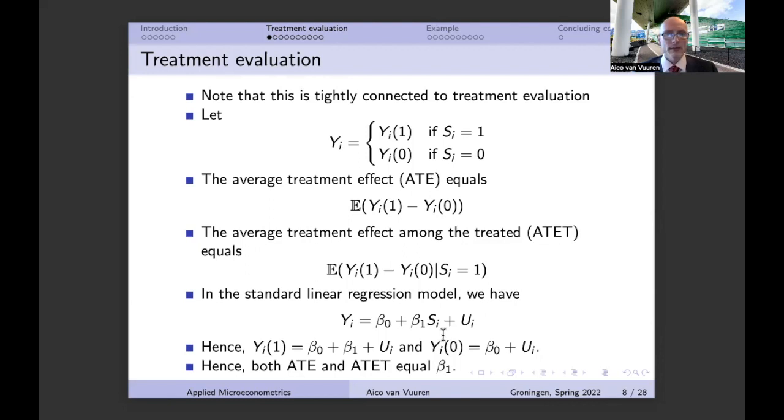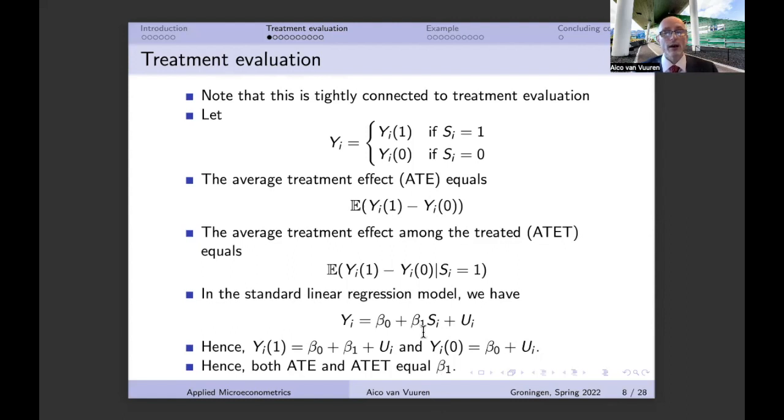Based on this, we could subtract these two, and then we simply get beta 1. And if we substitute it in either the equation of the average treatment effect or the average treatment effect among the treated, in both cases we simply get beta 1. So both the average treatment effect as well as the average treatment effect among the treated are equal to beta 1.